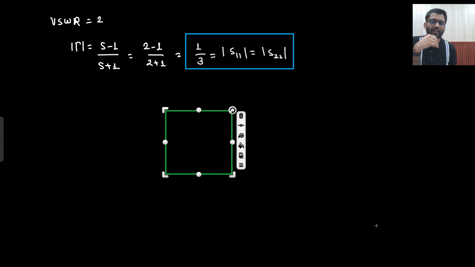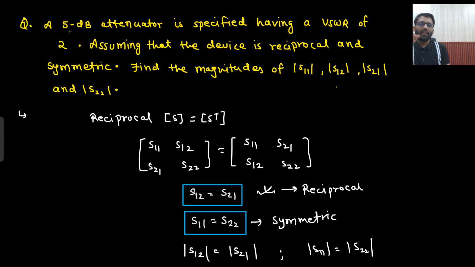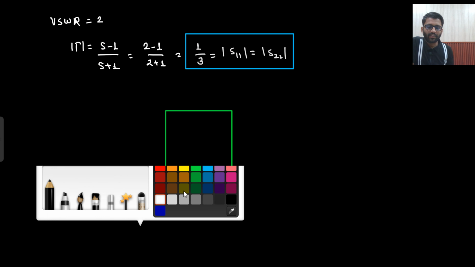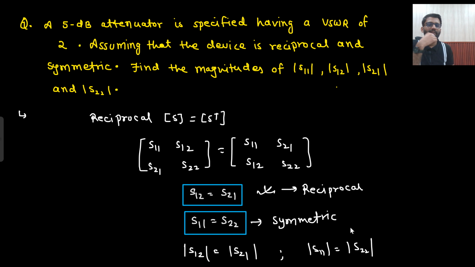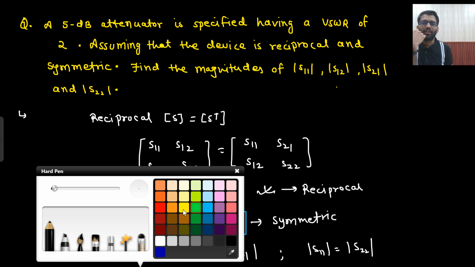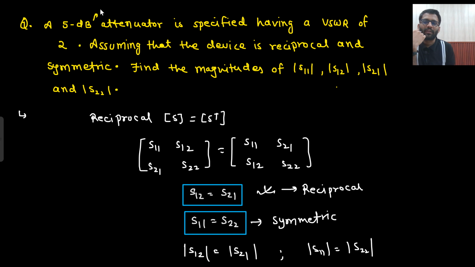What the next statement says is a 5 dB attenuator. What does that mean? That this two-port network, whose S parameters are defined, S11, S12, S21 and S22, is working as a 5 dB attenuator. This is a 5 dB power attenuator; it should be written, or by default you will take it as a power attenuator only.